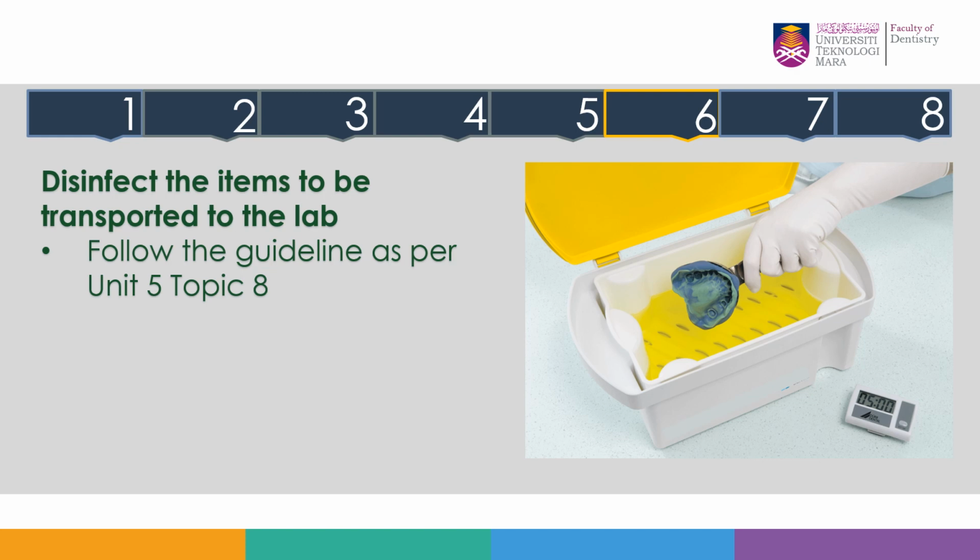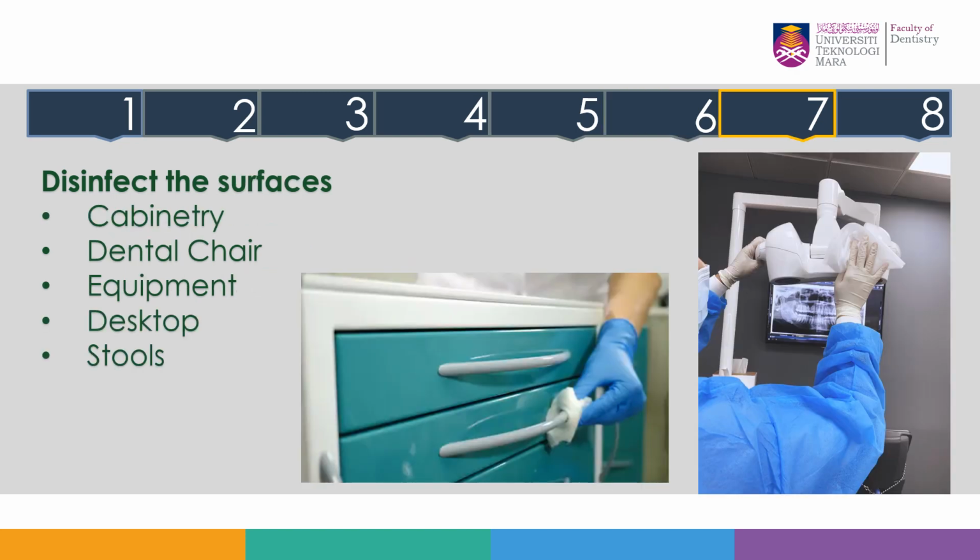Number six, you may need to disinfect the items to be transported to the lab. You need to follow the guideline presented in Unit 5, topic number 8. Disinfect the surfaces, definitely. Cabinetry, dental chair, equipment, desktop, and definitely stools as well.